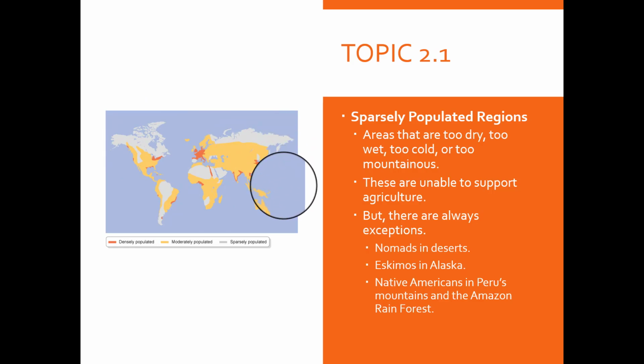There are nomads that live in the Sahara Desert, and they adapt as much as they can, or Eskimos that live in Alaska, or Native Americans that live in the Amazon rainforest. They figured out a way to adapt to their environment, right? A little bit of possibilism. If you remember that from the last unit, that's incorporating that term, right?